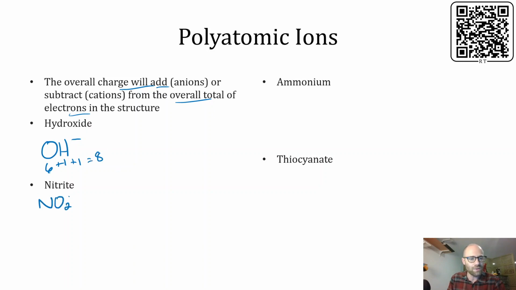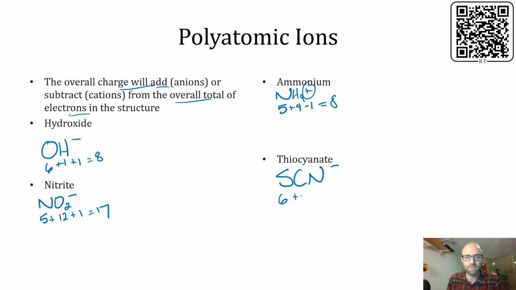Nitrite is NO2-, that's 5 plus 12 plus 1 because of the negative charge, and that's 17. For ammonium, that's NH4+, so that's going to be 5 plus 4 minus 1 because the plus means we lost an electron, and that gives you 8. And then thiocyanate is SCN-, which would be 6 plus 4 plus 5 plus another 1, and that's 16 electrons.